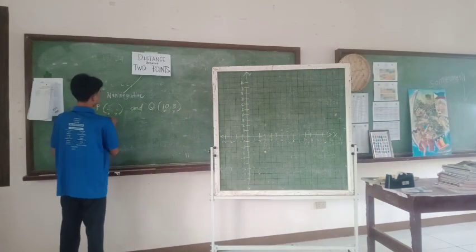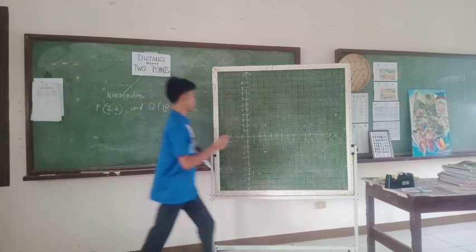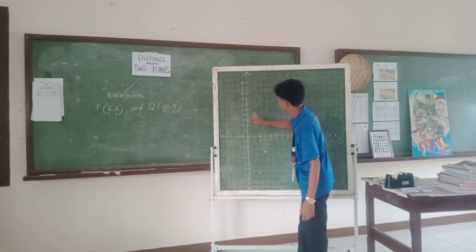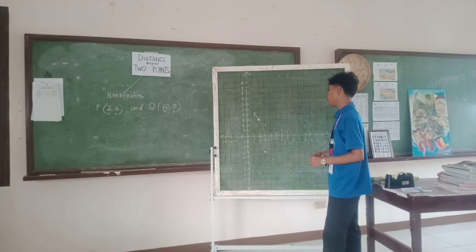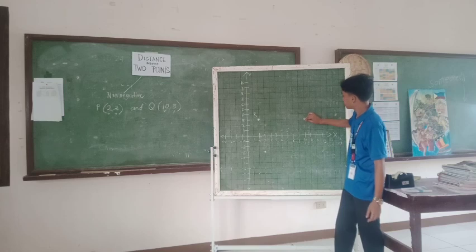It should be positive 2 with 3. So the positive 2 and 3 here is the point P. How about the Q? Then positive 3.